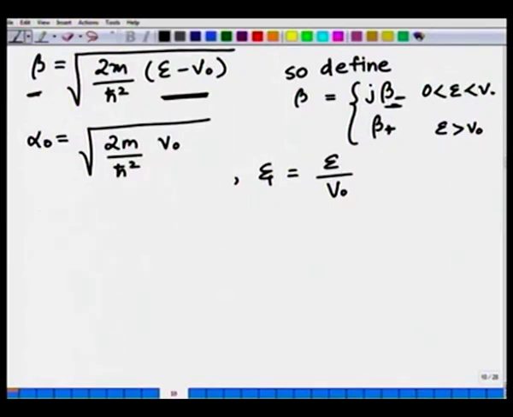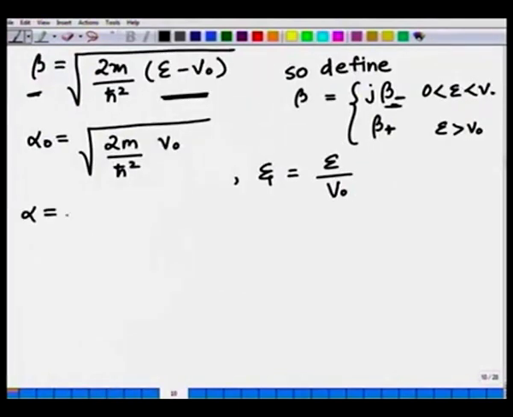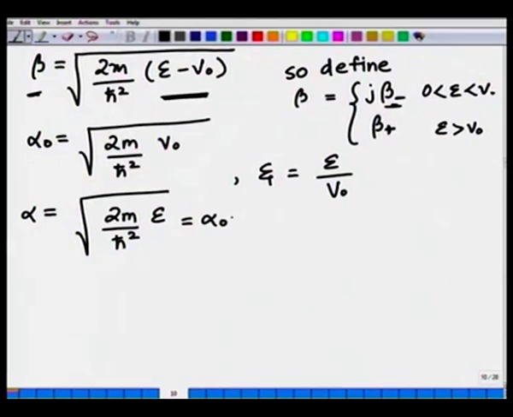So, now what is alpha? Recall, going back to our page 3, that alpha was equal to 2m energy over h bar square, under a square root. We can write this quantity as alpha naught times square root of zeta.